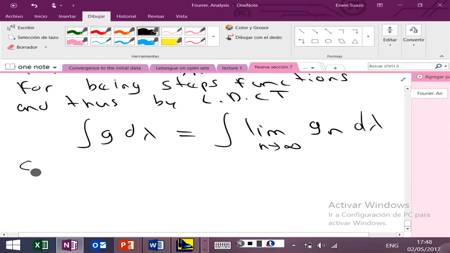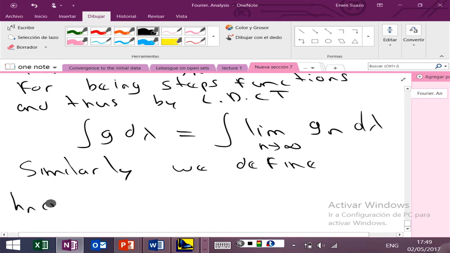Now similarly I define the upper one. Similarly, we define h sub n of x, but instead of taking the inf, I take the sup.